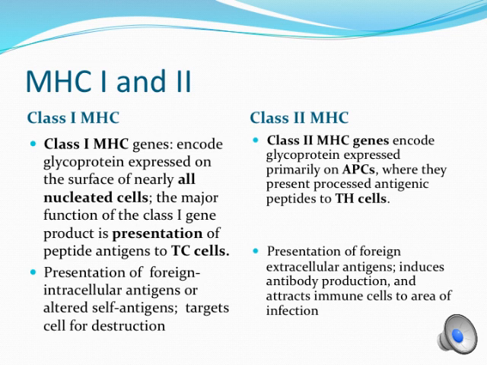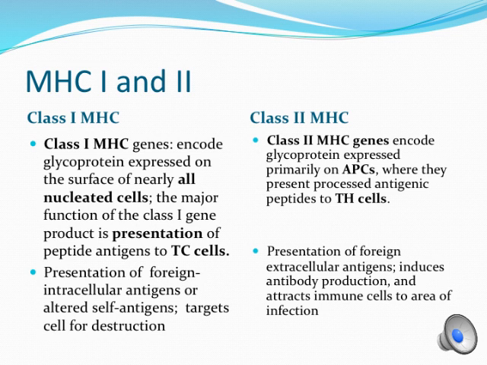On the other hand, in class 2 MHC, they will be the TH cell. So mechanism is same for both of them. Class 1 MHC will always include nucleated cells. Class 2 MHC is going to include the dendritic cells, B cells and the macrophages.